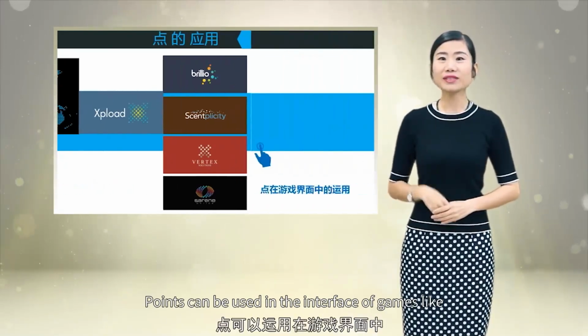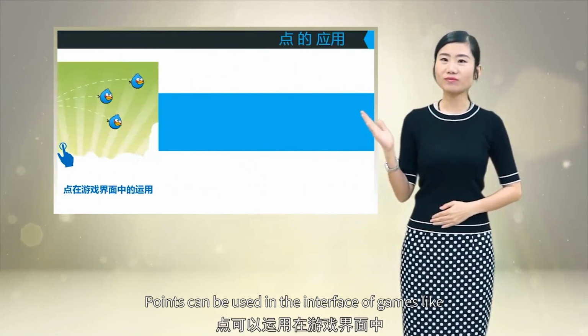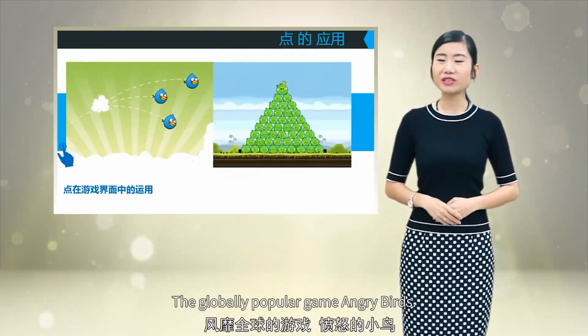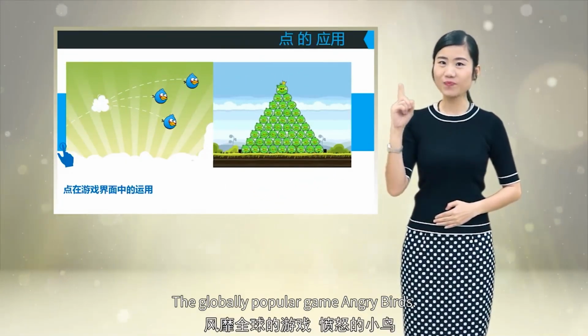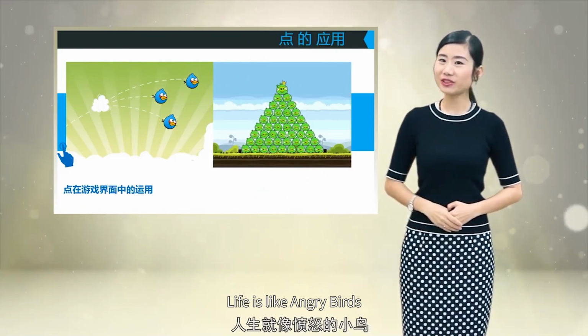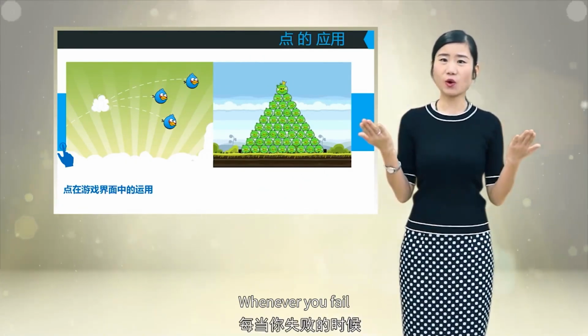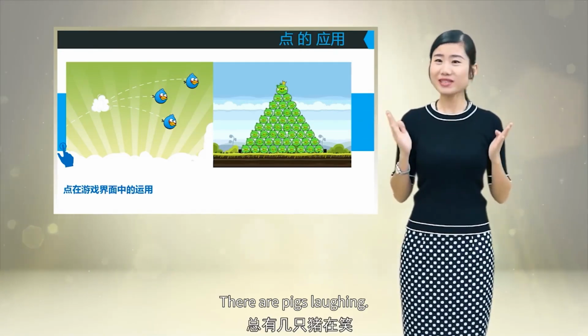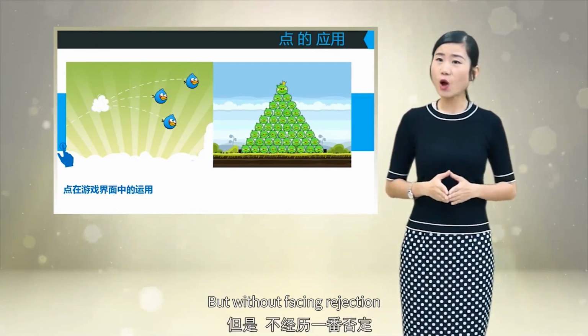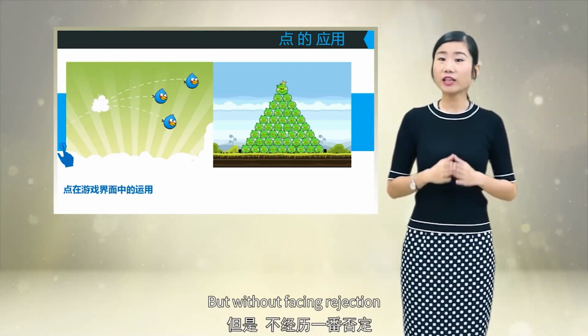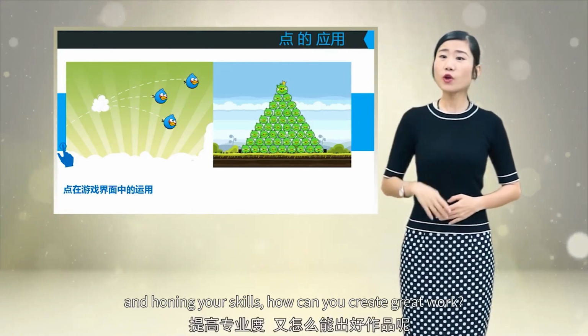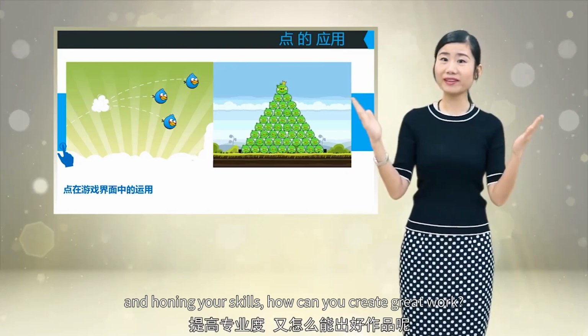Points can be used in the interface of games like the globally popular game Angry Birds. Life is like Angry Birds. Whenever you fail, there are pigs laughing. But without facing rejection and honing your skills, how can you create great work?